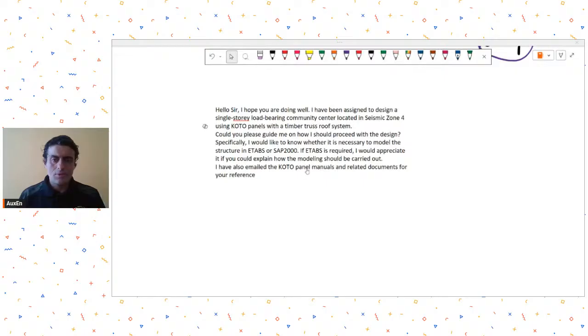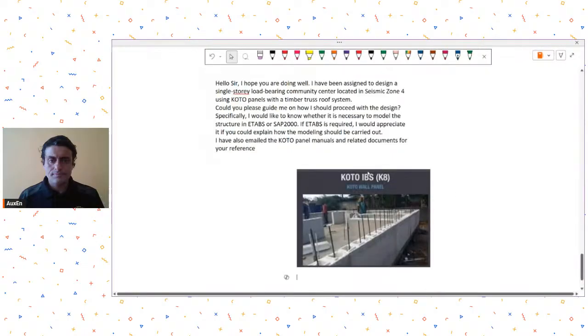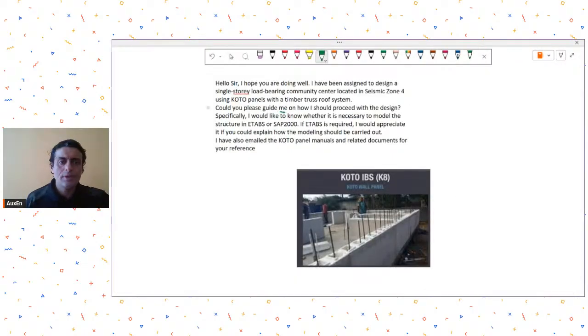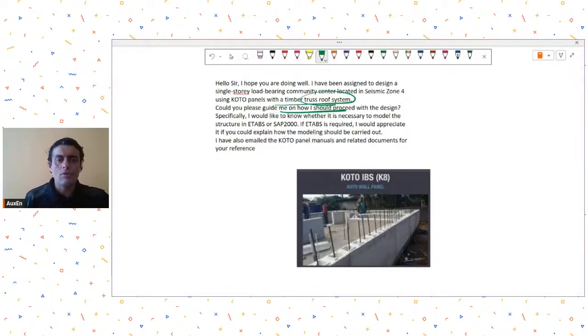I'm just looking for an image. So this is the image I got from the internet. Something like this. Could you please guide me on how I should proceed with this with a timber roof truss system? So he has these modular walls with a timber roof.